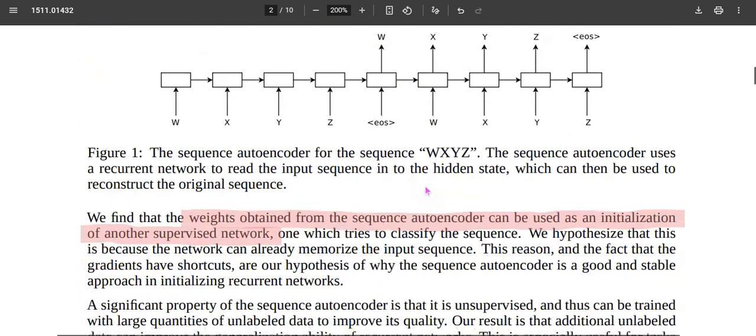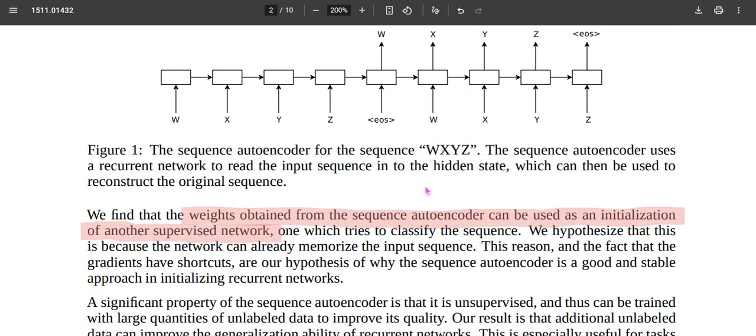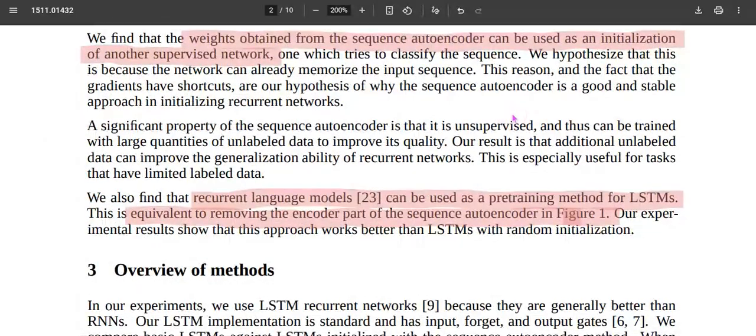They introduced two models. One is this sequence autoencoder. The other one is simply removing the encoder mechanism and just using the previous input to predict the present output, the previous input to the present output. That setup is called a recurrent language model, a pre-training method for the LSTMs.